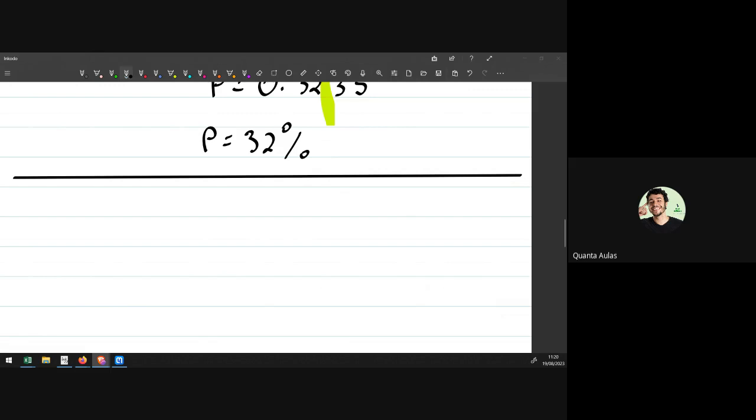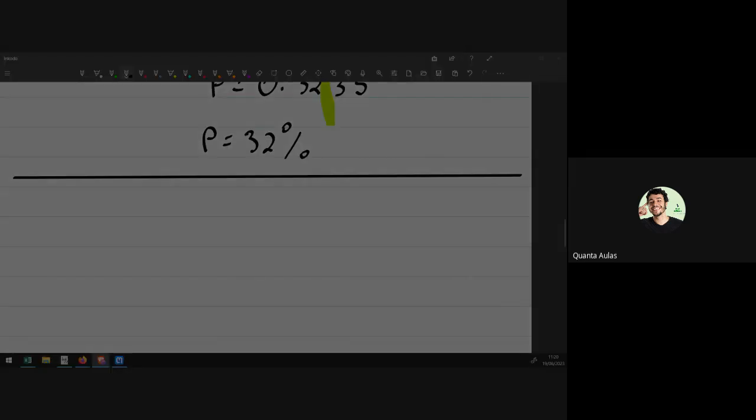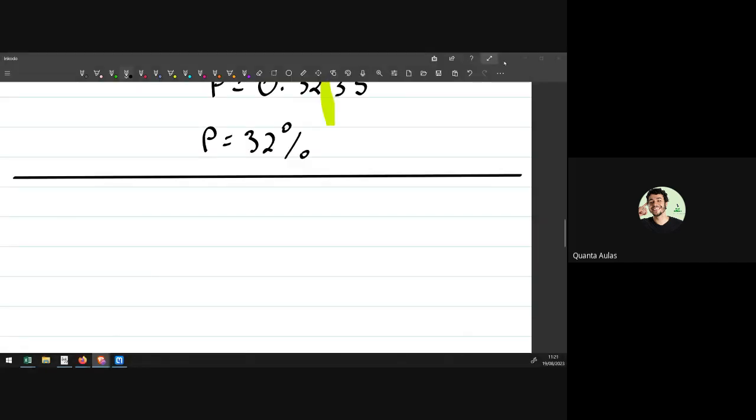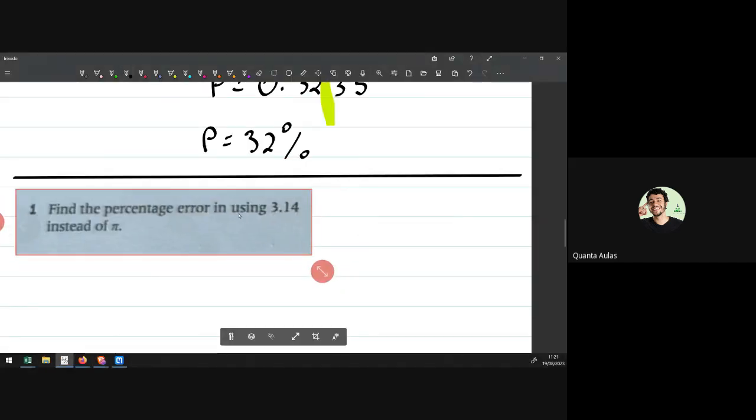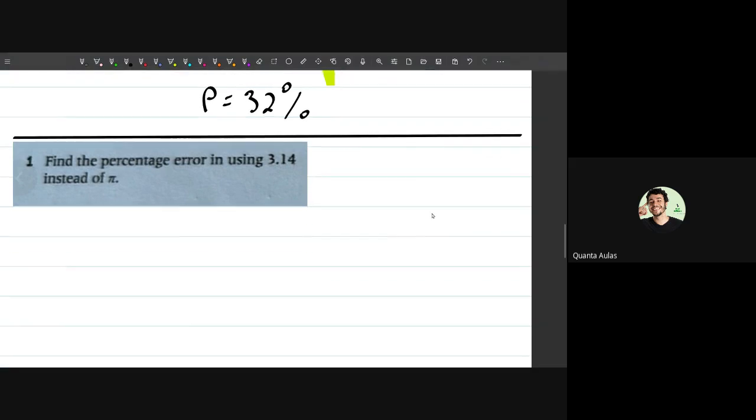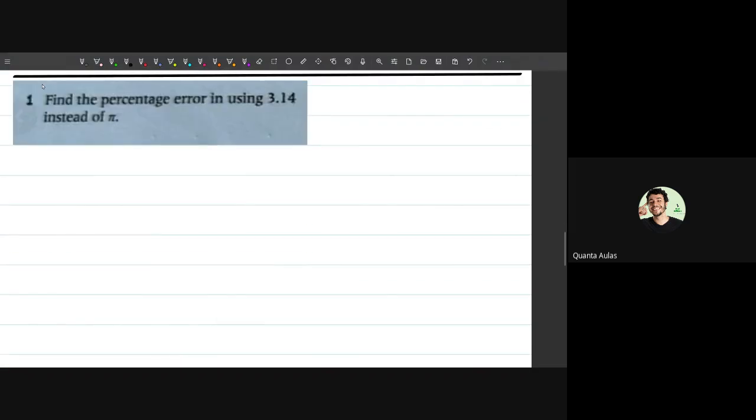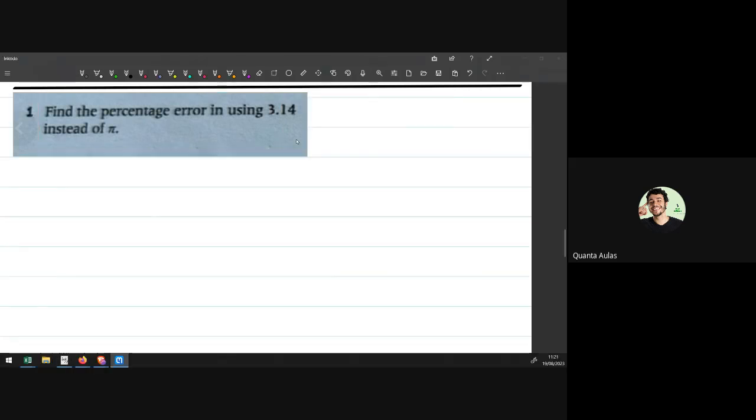Next, find the percentage error using percentage error. Makes sense. We are speaking about errors. I think it's the problem with the before question.